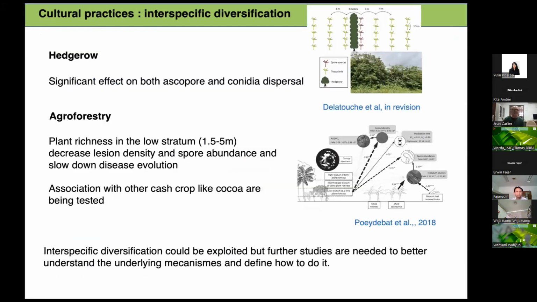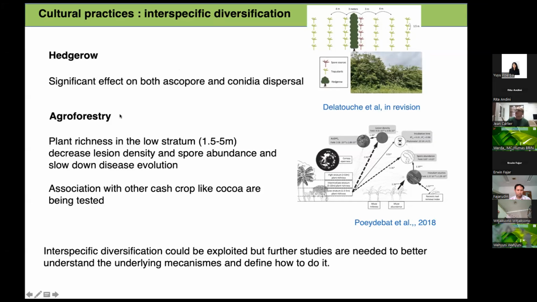For cultural practices, the effect of hedgerows on spore dispersal, either conidia or ascospores, was tested experimentally following such a design with hedgerows here, and we followed the spread of disease from sources using plant traps. And with this system, we found a significant effect of hedgerows on both ascospore and conidia dispersal.